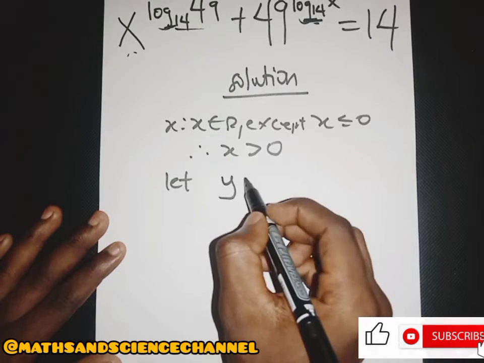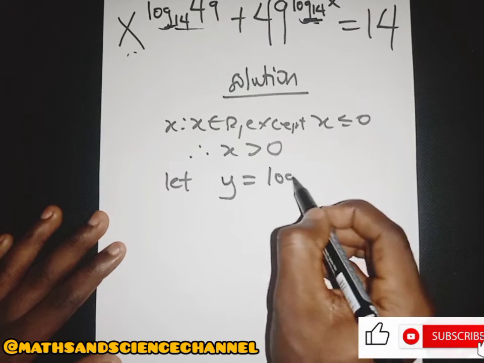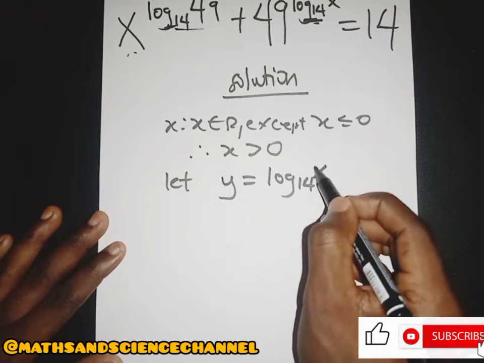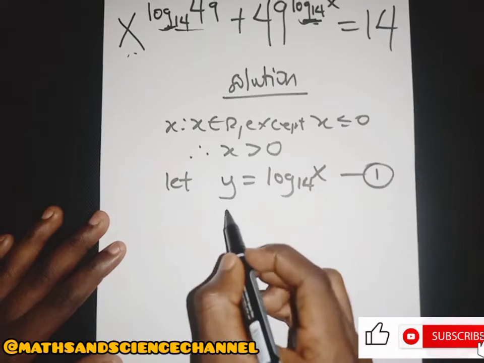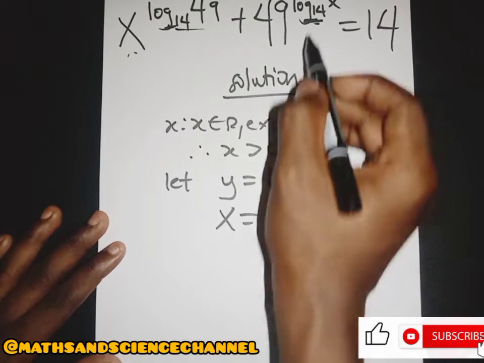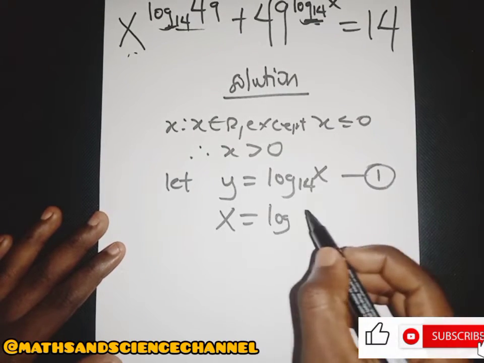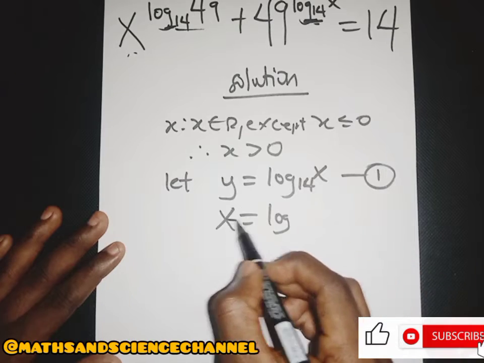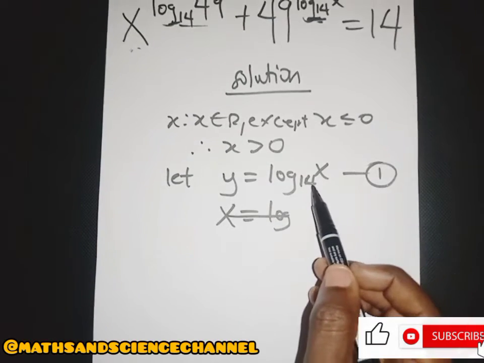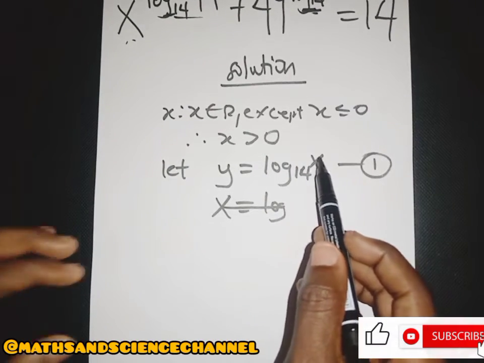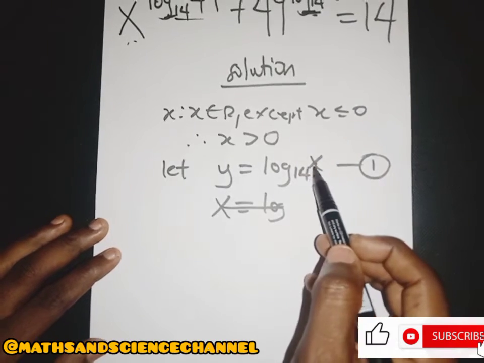Let y equal the log base 14 of x, and let's call this equation 1, and then x equal to the second part, the log. If y equals that, we'll find x from here.